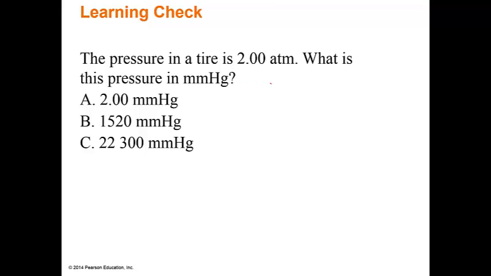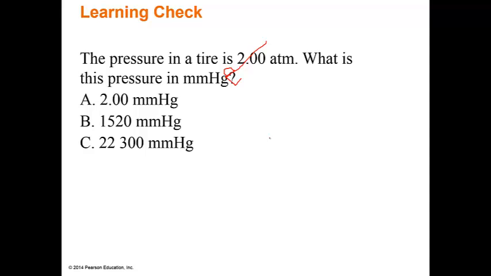All right, and the pressure of the tire is 2 atm. I use this as an example. What is the pressure in millimeters of mercury, or what is the pressure in torr even? We can do either. Well, 1 atm equals 760, so 760 times 2.